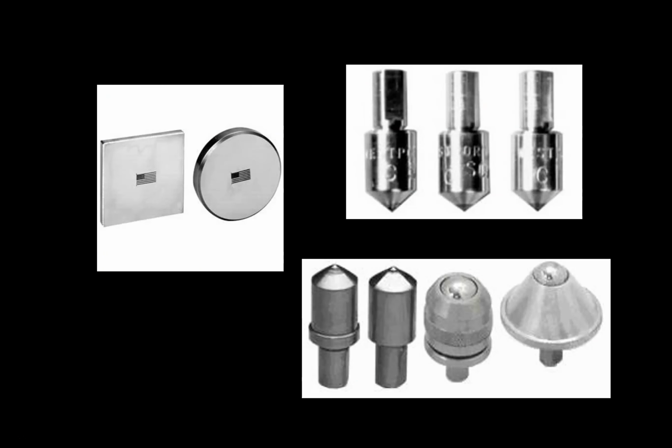And these are examples of different tips that can be used with Rockwell hardness testing. Alright, so this will depend on your application and the amount of material you have available. And of course, to make sure we get proper measurement, the machine is calibrated with reference specimens.